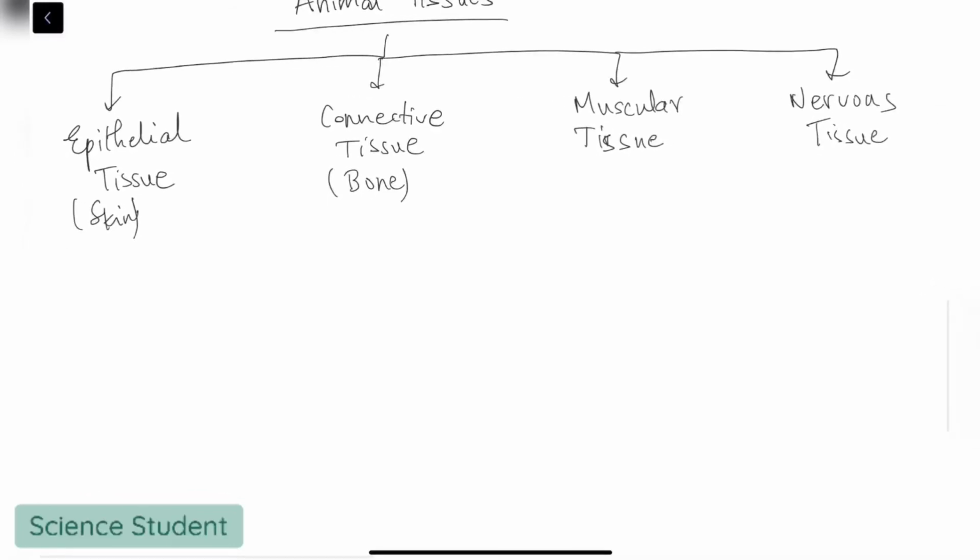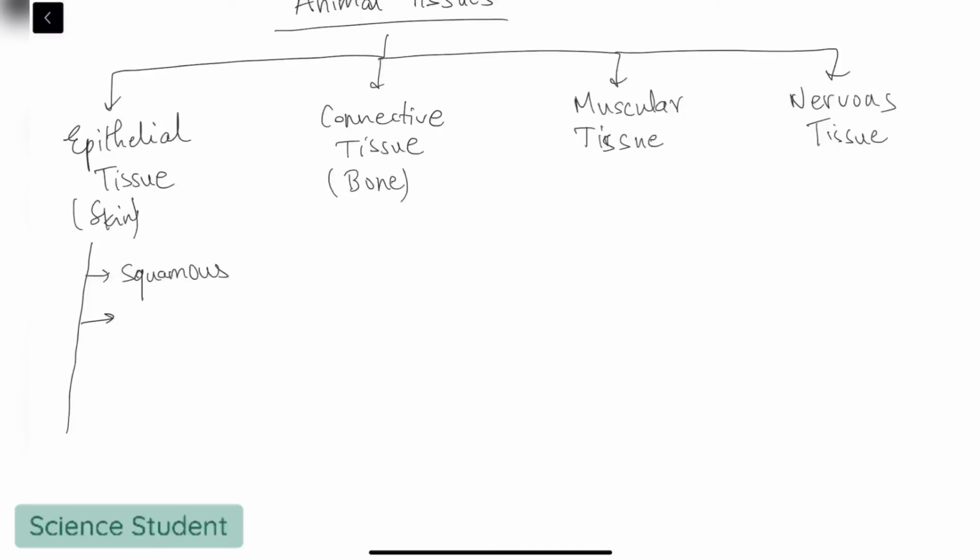Epithelial tissue is divided into 4 kinds. Okay, so there are 4 kinds of epithelial tissue. First is squamous epithelium.